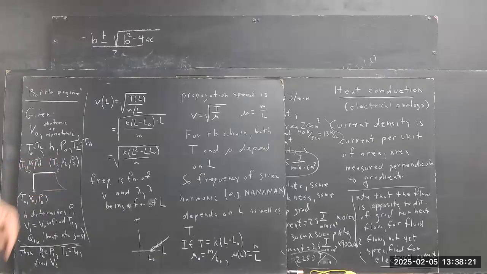Because we know everything but V2. So we can use the gas law to find V2. And of course, implicitly, the gas is confined, so in PV equals nRT, n stays the same throughout.